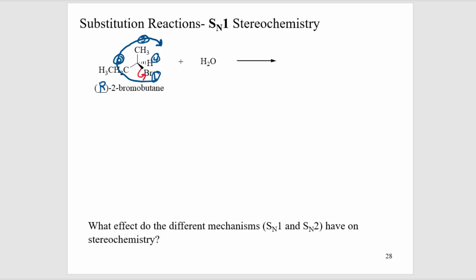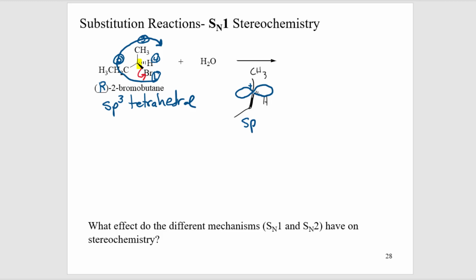So let's review. This R-2-bromobutane has a chiral center. All right, so this is an sp3 tetrahedral chiral center, R. If the leaving group leaves, if the bromine leaves, we're going to form a carbocation. So we're going to form a trigonal planar carbocation.